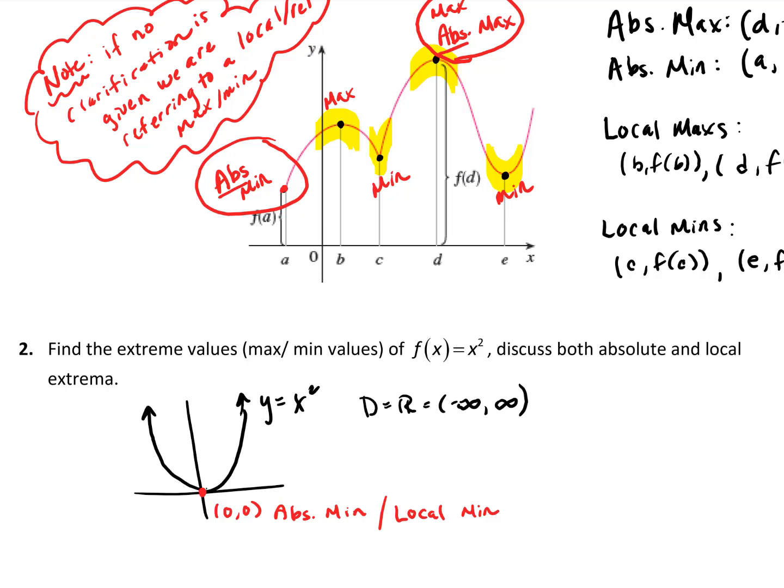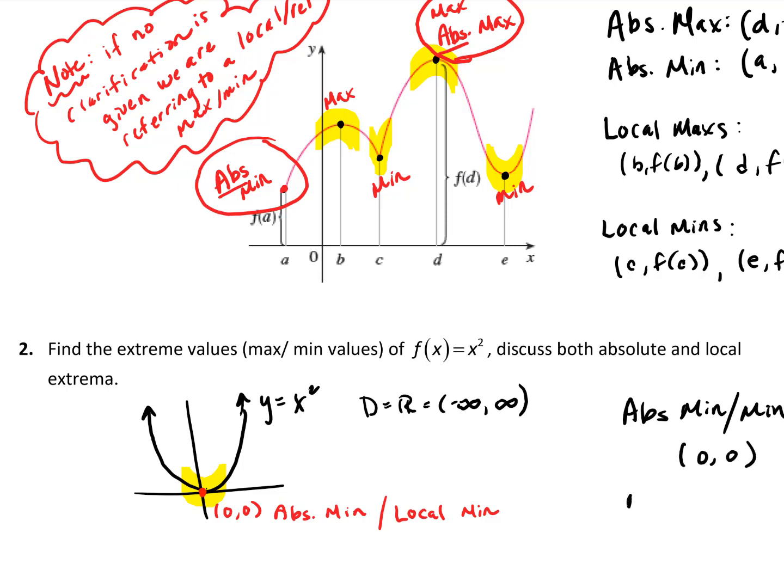It is the absolute minimum value. It is also a local minimum value because we can create an open interval and it is the lowest point on that open interval. So we could say absolute min and just min value at (0, 0) for this function.